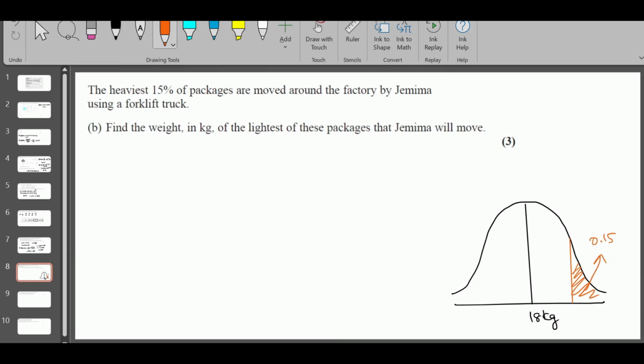They are moved around the factory by Jemima using a forklift truck. Find the weight of the lightest of these packages. The lightest of these packages will be this, right? So I'm going to call it A. So we know P of W greater than A is equal to 0.15.